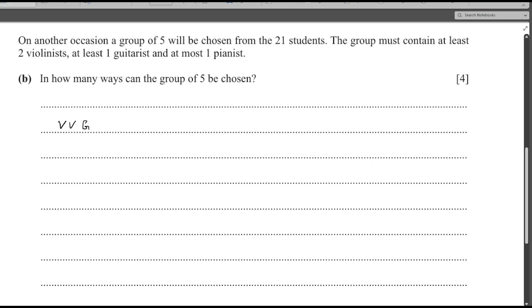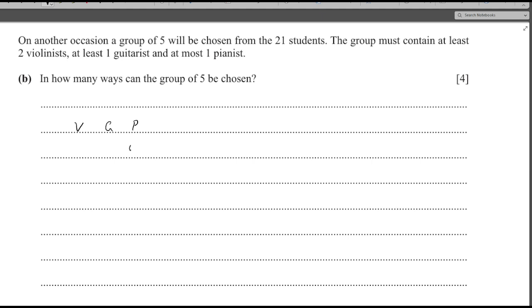A better way to represent this situation is the VGP format. So instead of writing this, let us make a column where I have V, violinist, and then guitarist, and then pianist. Now pianist, we have at most 1.